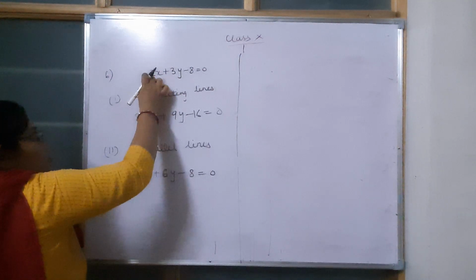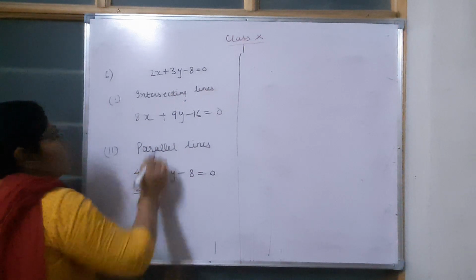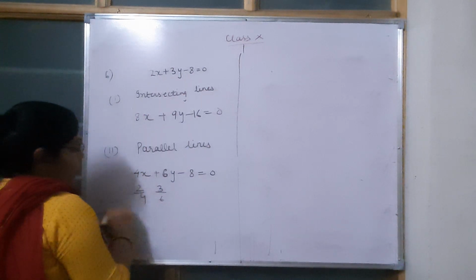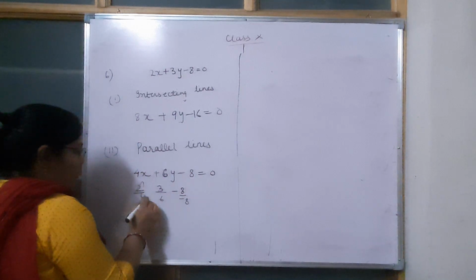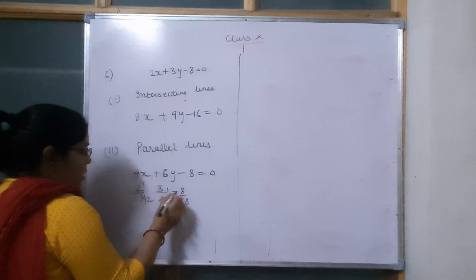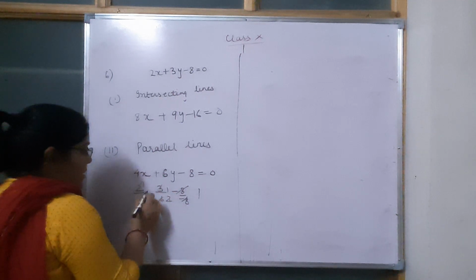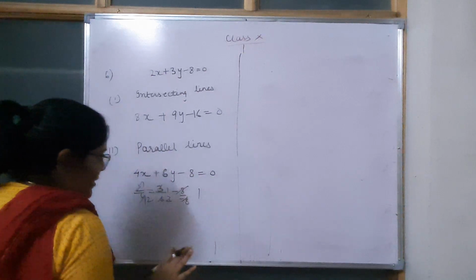Now 3 upon 6 is also 1 upon 2, but here minus 8 upon minus 8 is 1. Just look here, 1 upon 2, 1 upon 2, and here we get 1. So 1 upon 2 is equal to 1 upon 2, but not equal to 1.